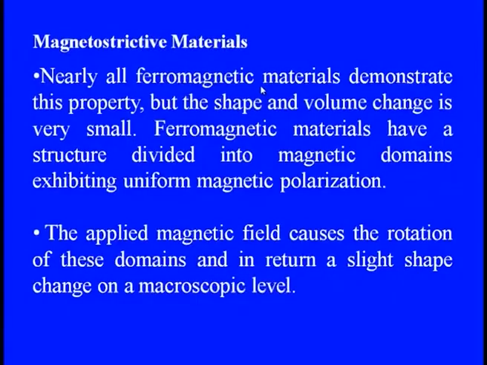This is what separates the ferromagnetic material from the magnetostrictive material. When the applied magnetic field causes rotation of these domains, a slight shape change results at the macroscopic level. So, that is why somewhat different features are there.